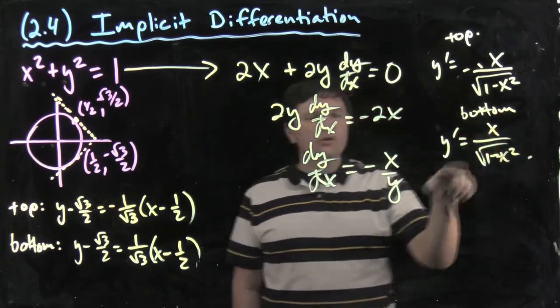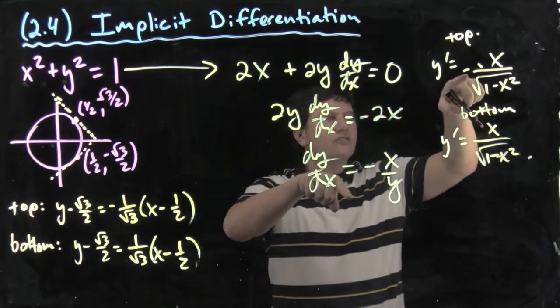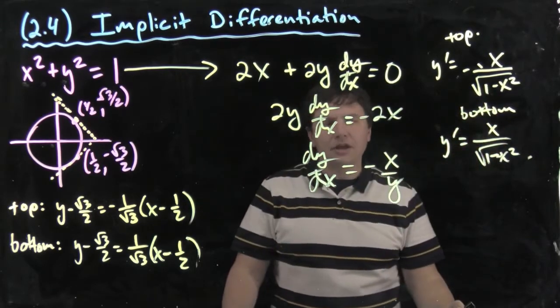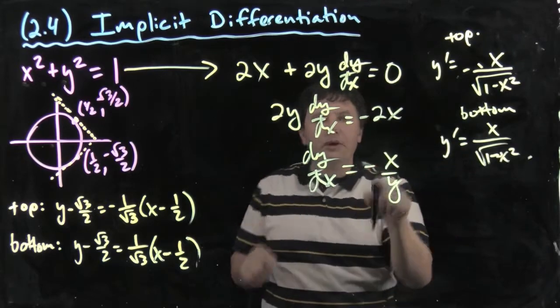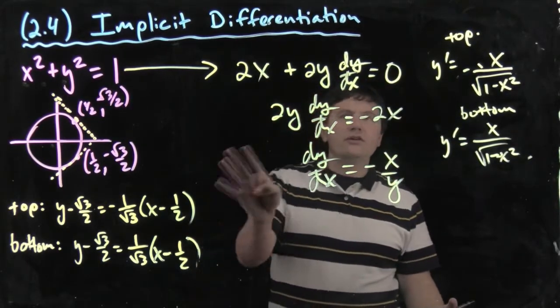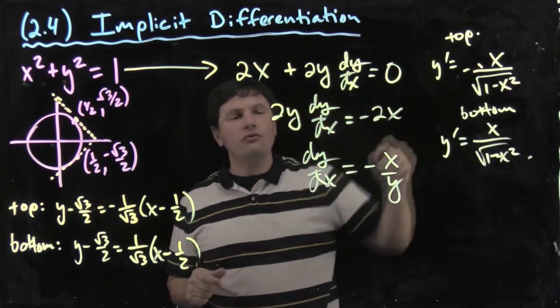So what you should see here is this is actually the same, because y, if you remember when I solved that, was the positive on the top and the negative on the bottom. So this still makes sense, but it's dealt with just in terms of x and y. So you can see that's a lot less work than all the work I had to do for both of those.